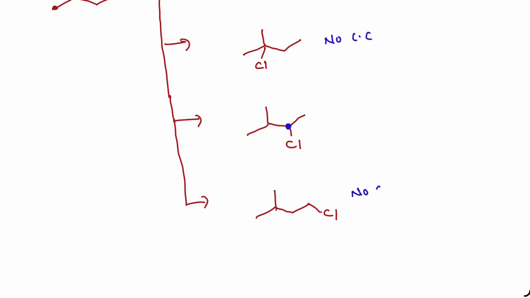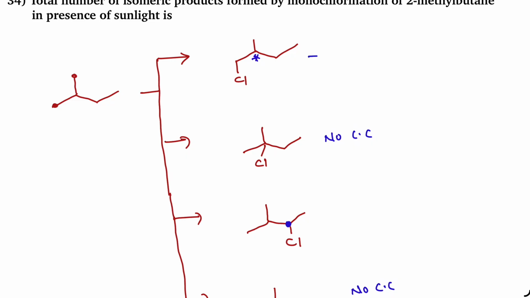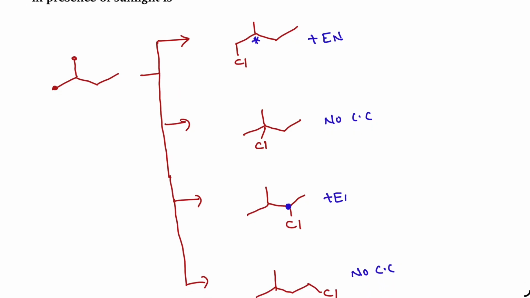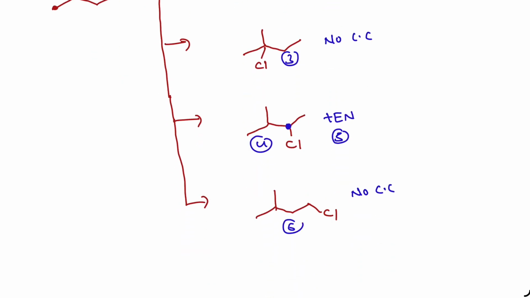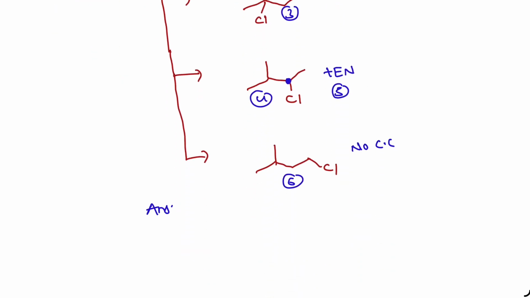Next no chiral center. One chiral center plus enantiomer. Here also plus enantiomer. Total number of isomeric products 1, 2, 3, 4, 5 and 6. So answer must be 6.